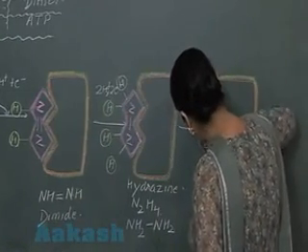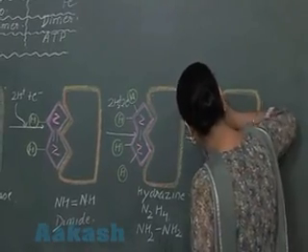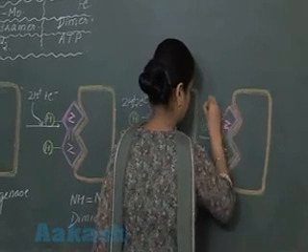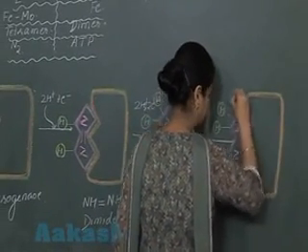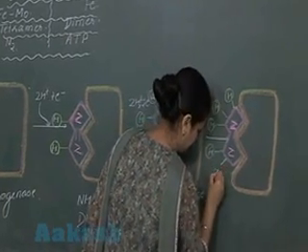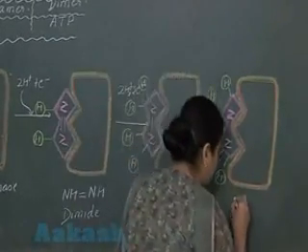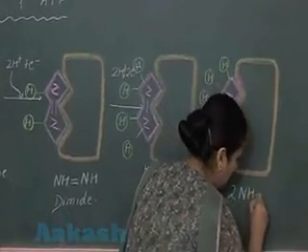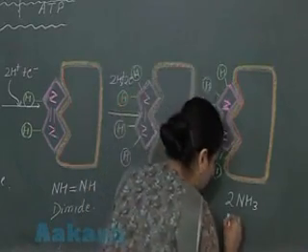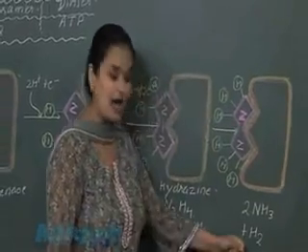So now the last covalent bond that will break due to the addition of hydrogen. Yes, so there will be formation of the 2 molecules of ammonia after the reduction, and you have to keep this in mind. There is also formation of the one of the byproduct that is hydrogen.